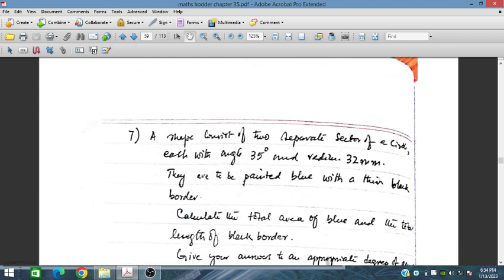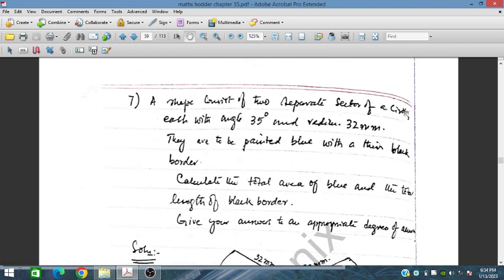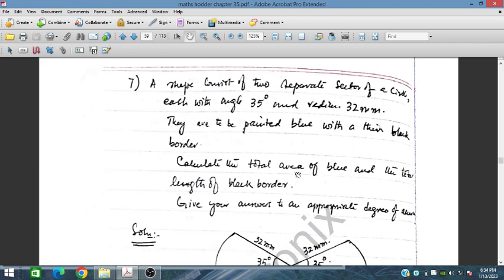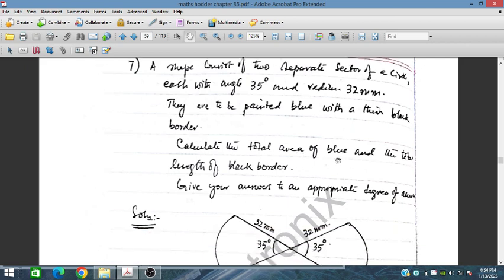A shape consists of 2 separate sectors of a circle, each with an angle 35 degree and a radius 32 millimeters. They are to be painted blue with a black border. Calculate the total area of the blue and the total length of the black border.